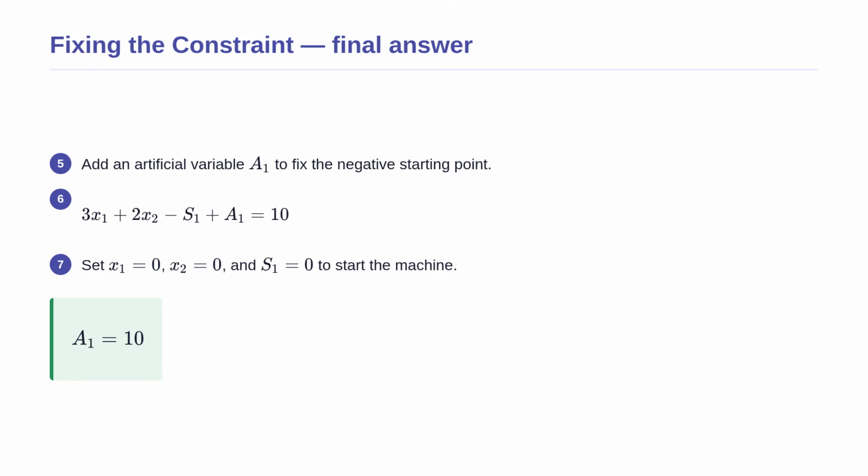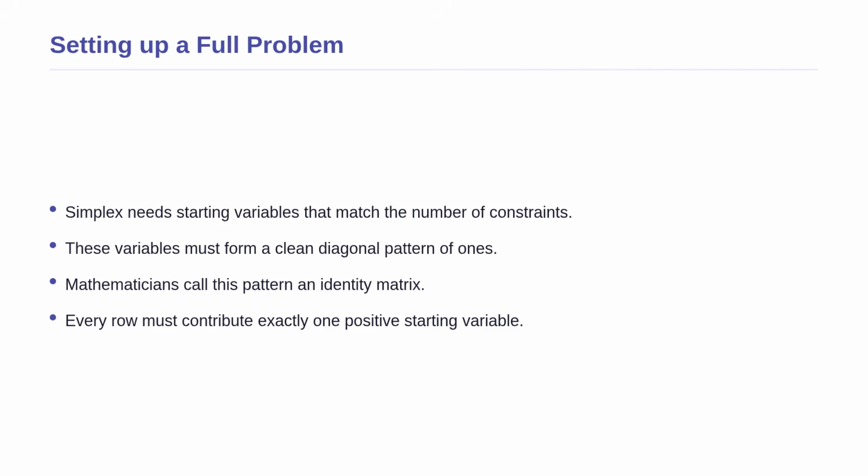By doing this, we have created a valid, positive starting point out of thin air. The artificial variable acts as a temporary placeholder, providing the positive value needed so the simplex algorithm can finally begin running.